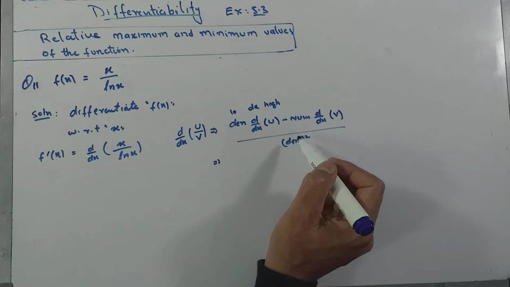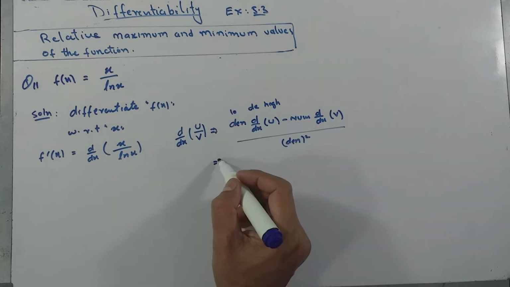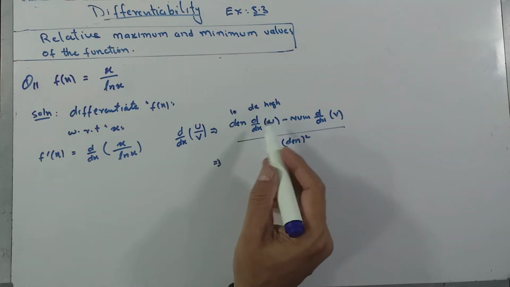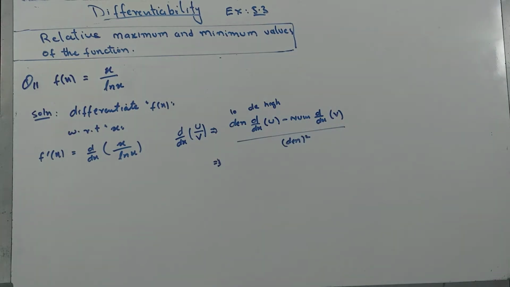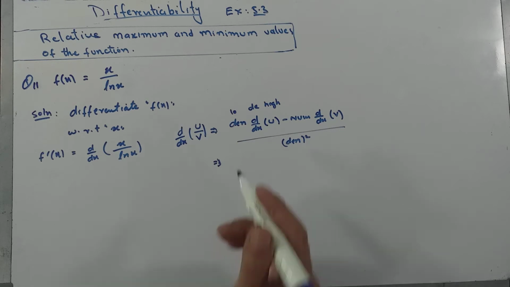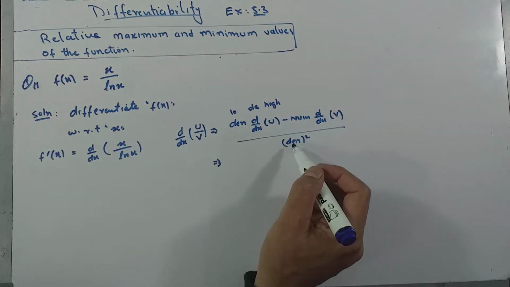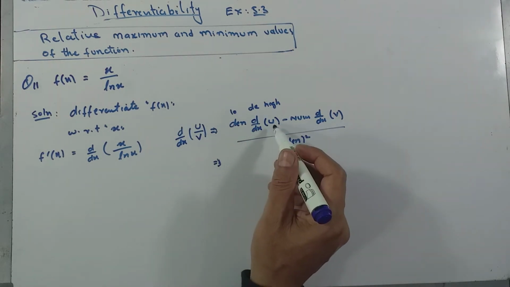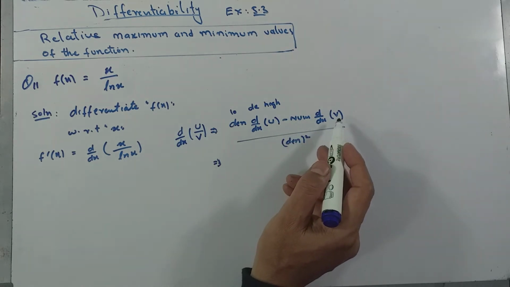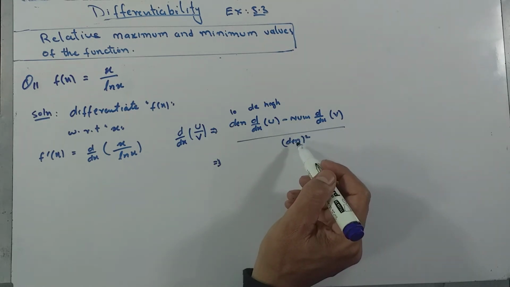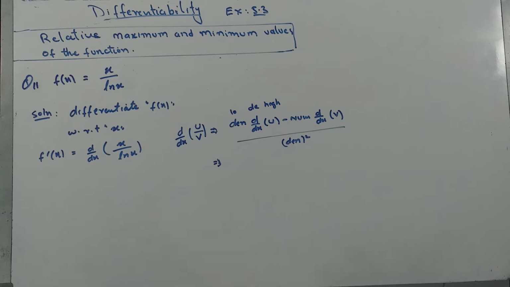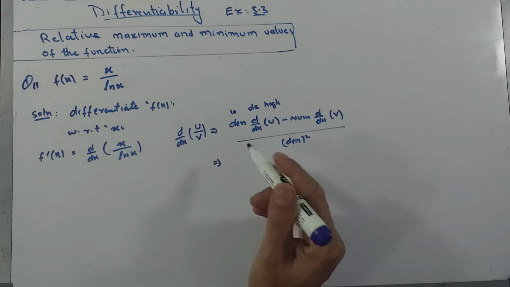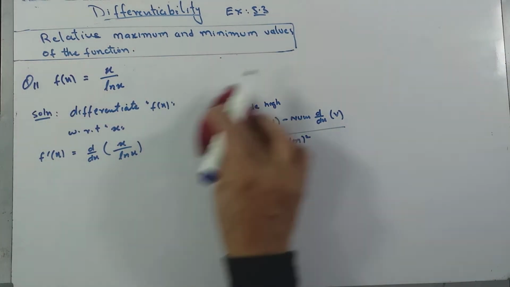This is very simple, and it becomes very easy to pronounce and remember. Low d high minus high d low over low. The longer version, denominator derivative of the numerator minus numerator derivative of the denominator divided by denominator square, is a little more difficult. Now which one is easy for you? You can use that one.